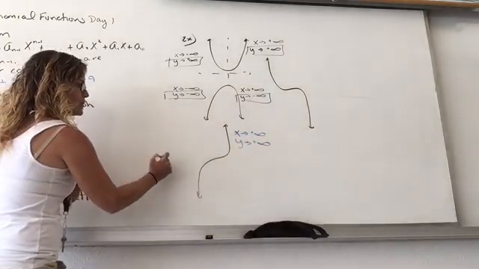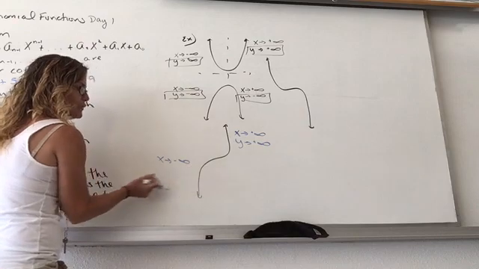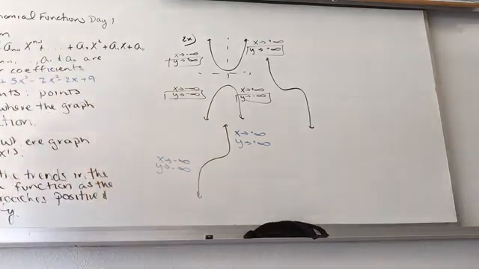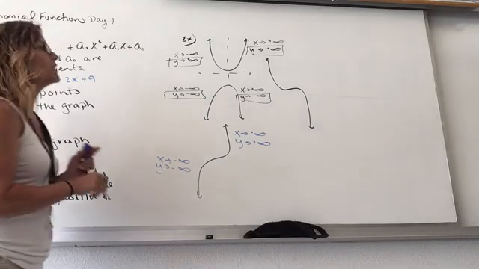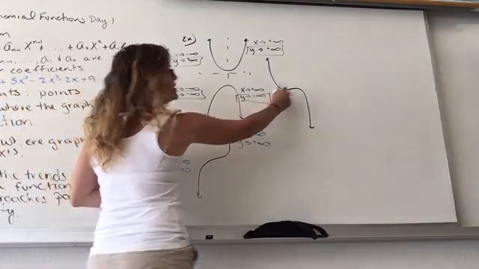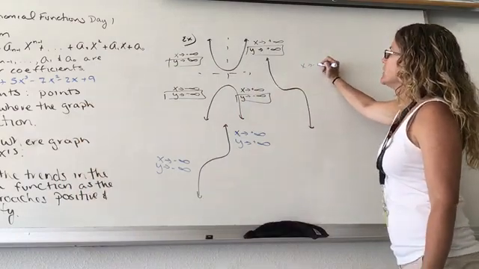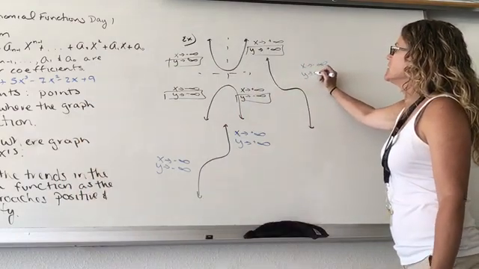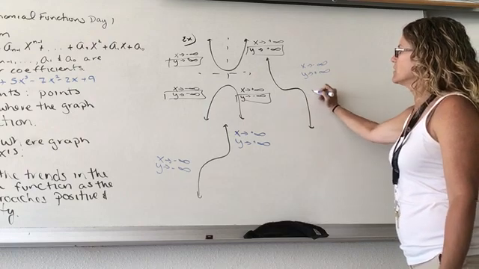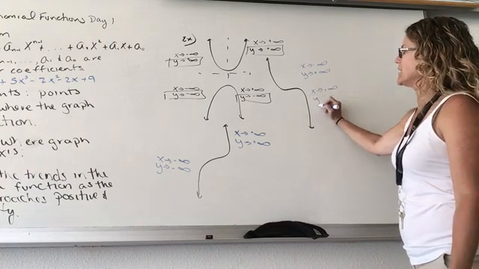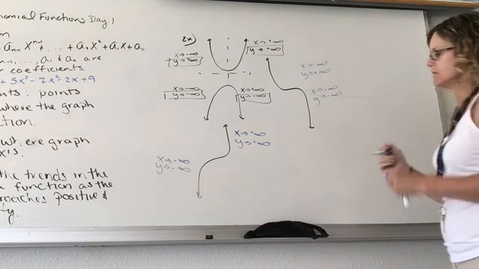Here, as x goes to negative infinity, which means x is moving to the left, y is going to negative infinity. Now, they don't always do the same. On this side, x is going to negative infinity, but y is going to positive infinity. And over here, x is going to positive infinity, and y is going down, so it's going to negative infinity.